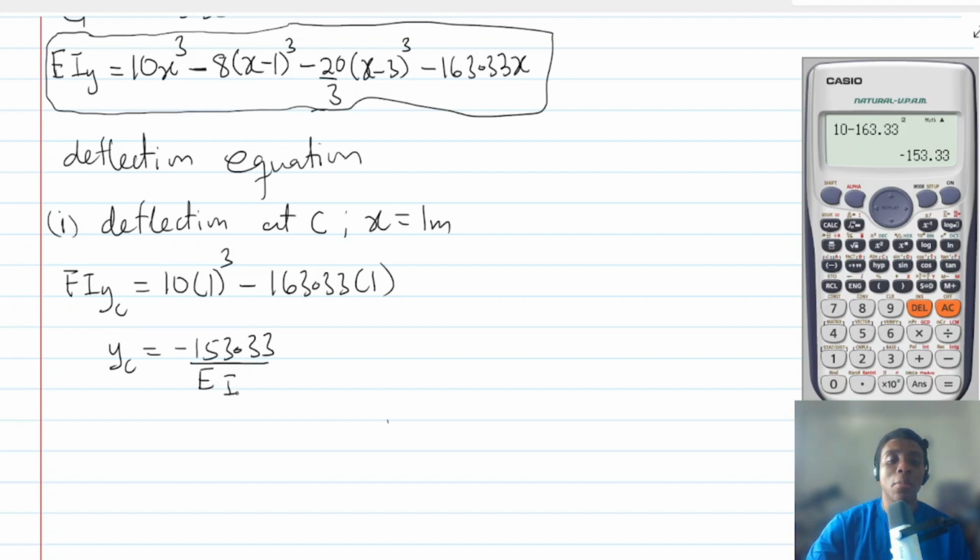Okay. But the EI that we've gotten, you see, whatever we are doing here is actually in kilonewton meter, right? Don't forget that the load was in kilonewton, and then the distance is also in meters. So to convert kilonewton meter, what we are going to do is that we will just multiply this. Okay, let me take my time and explain what I'm talking about.